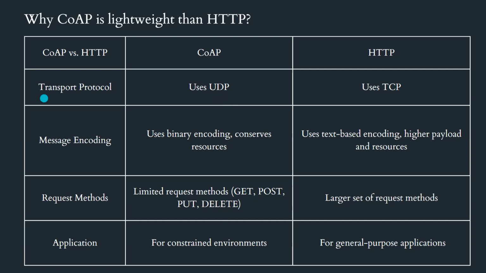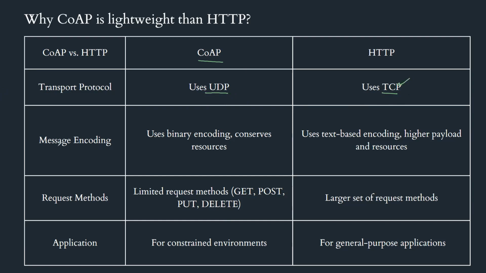However, it uses UDP to transmit data because that requires less complexity and is lighter than TCP. So we have UDP in CoAP, and then in HTTP we have the TCP method. We want reliable communication there, and therefore we use the TCP protocol.